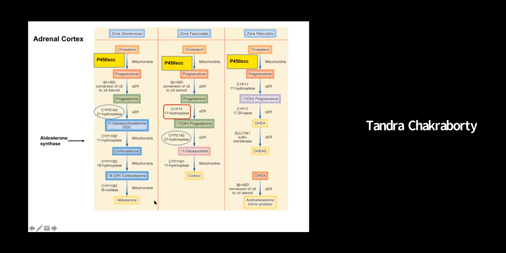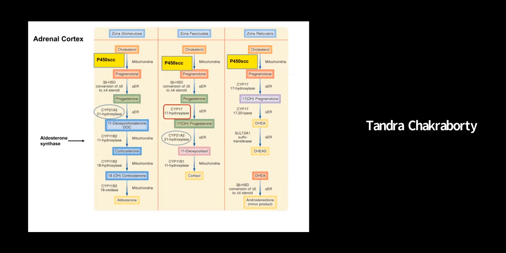So how are these hormones produced? Okay, the starting material. If you're making a cake, there is a starting material. Flour may be the starting material. Same thing here. When a hormone is made, there is a starting material, and the starting material in case of steroid hormones, as we have learned earlier, is cholesterol.